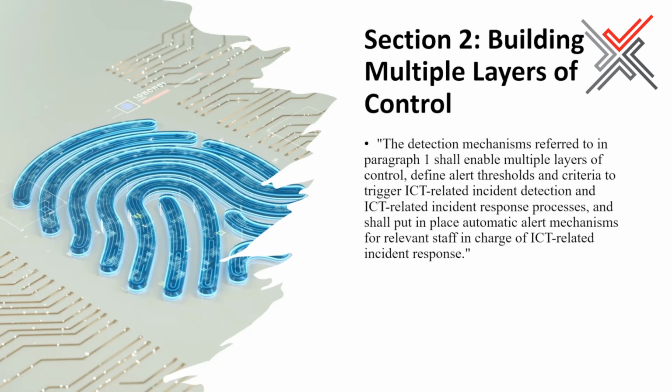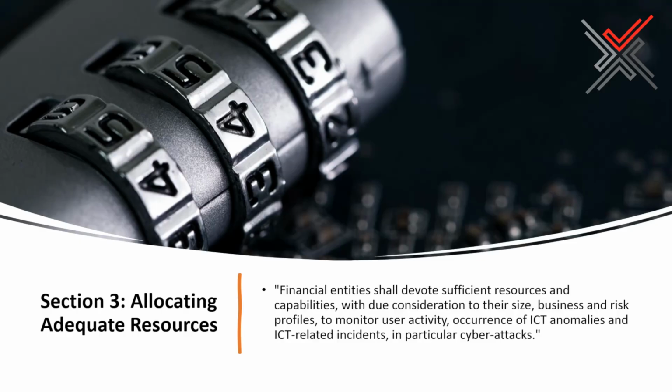Let's go to the next section, which is about allocating adequate resources. It says, financial entities shall devote sufficient resources and capabilities with due consideration to their size, business, and risk profiles to monitor user activity, occurrence of ICT anomalies, and ICT-related incidents, in particular cyber attacks.